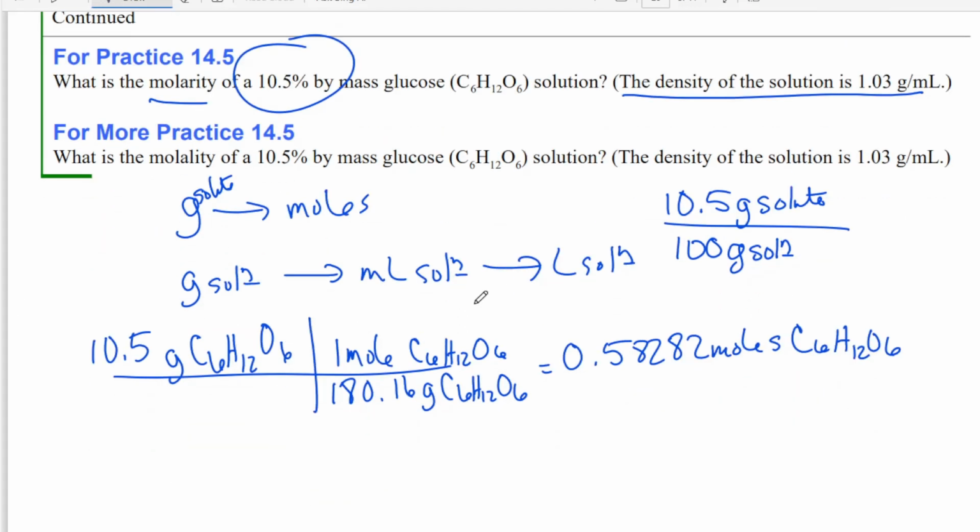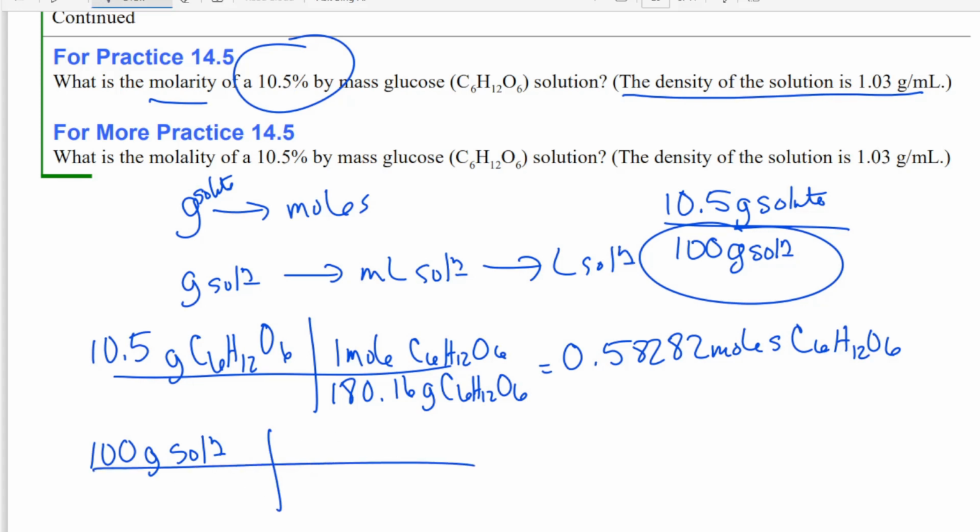Alright, next we need to calculate the volume of solution in liters. So we have 100 grams of solution. We're told with this solution the density is 1.03 grams per milliliter, and of course that will vary according to which solution you have.